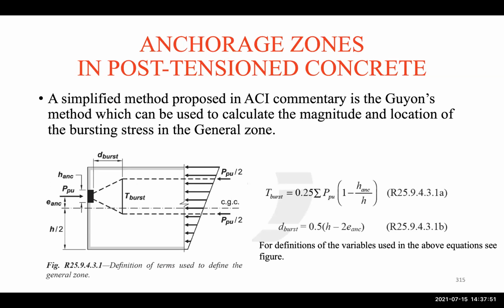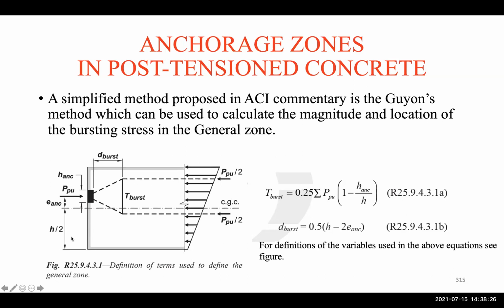It shows the height of the anchorage, which is typically the bearing plate. Then we see e anch, the eccentricity from the center of gravity of the member to the applied force. And then you can see the stress distribution, because this is not applied through the centroid of the member. It's up, so the stress distribution is higher above.